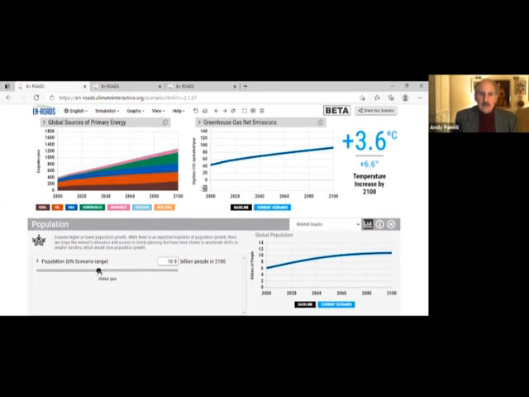And let's take that down to 9.1 billion. That's a big jump. That's a 1.7 billion person reduction, or maybe a 15% reduction in population growth. Now let's see what it did for us.